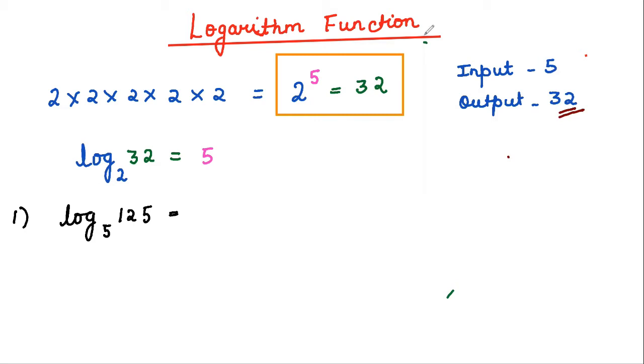We always convert it first into exponents and then we find the answer. So in a way they're asking you, 5 raised to what power is going to give you 125? That means 5 raised to power x is 125, and we are trying to find x. So x should be, 5 5s are 25, 25 5s are 125. That means it should be 3, right?